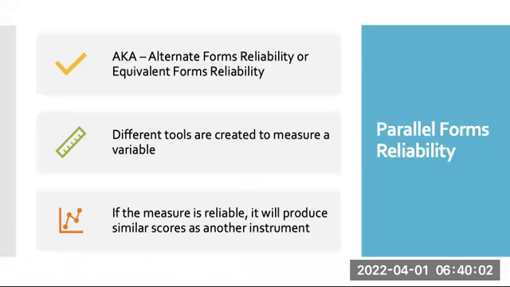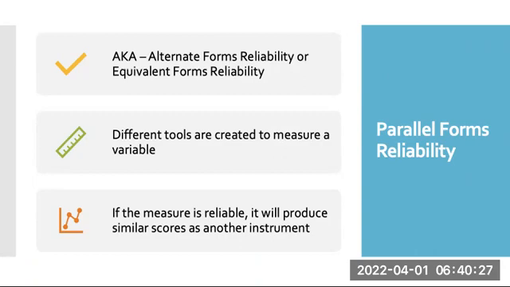So, parallel forms reliability. Sometimes, for various reasons, it is necessary to have two or more forms of a data collection instrument or test. While individual items will differ, the different forms should be comparable so that regardless of which form an individual completes, the results will be the same.